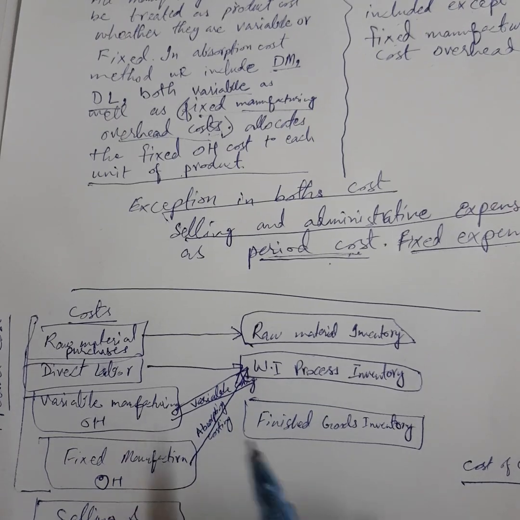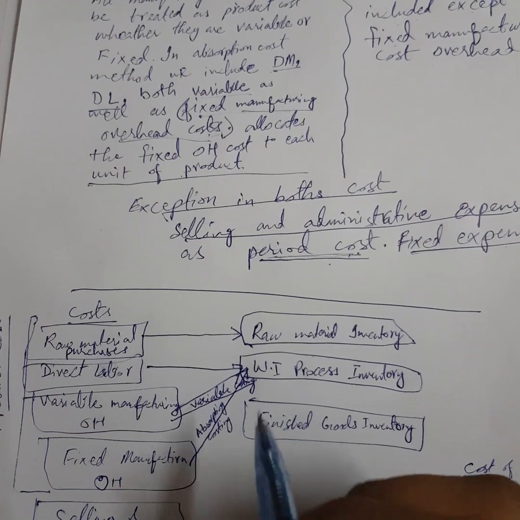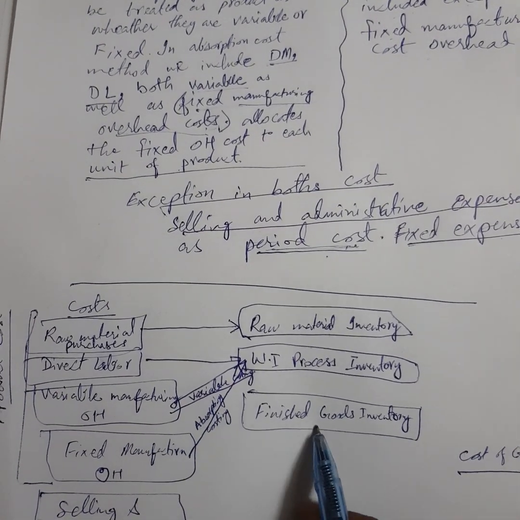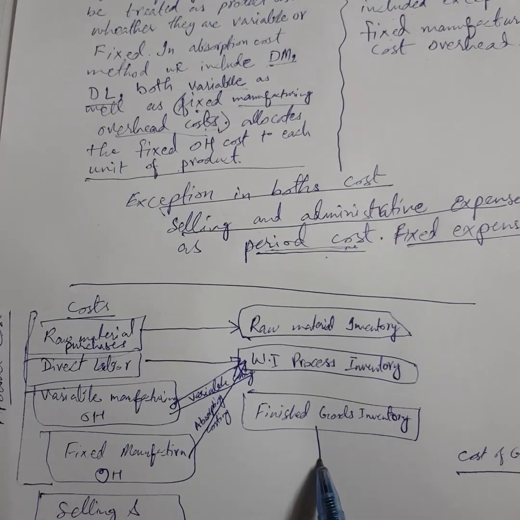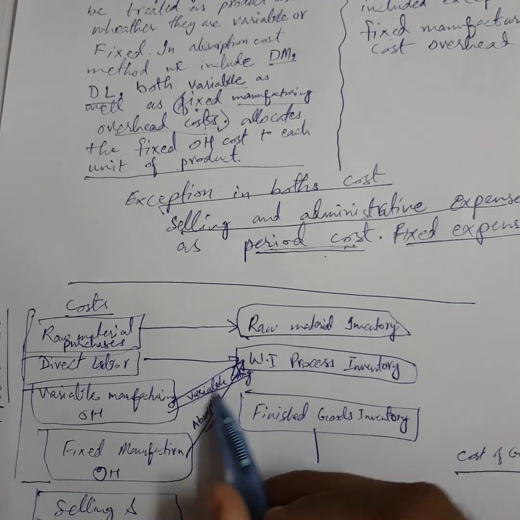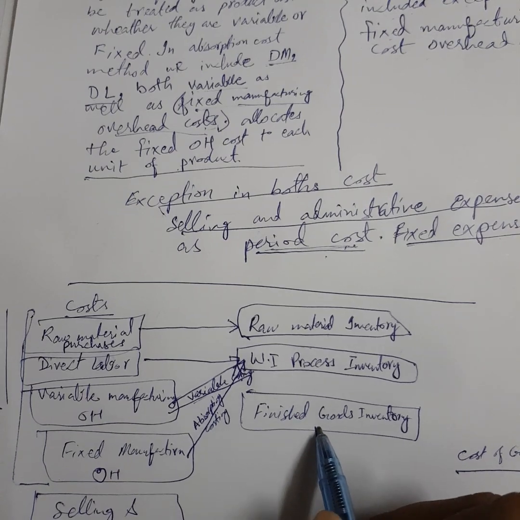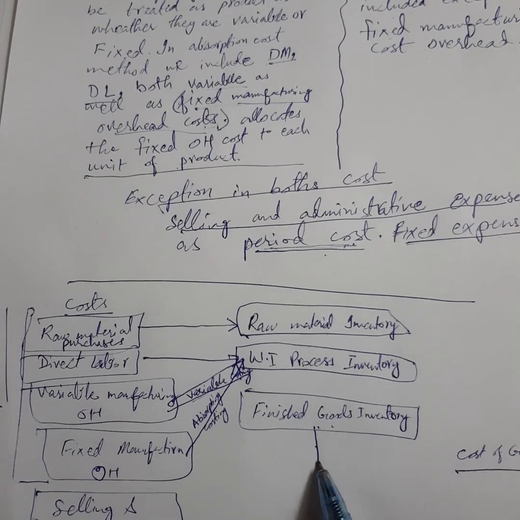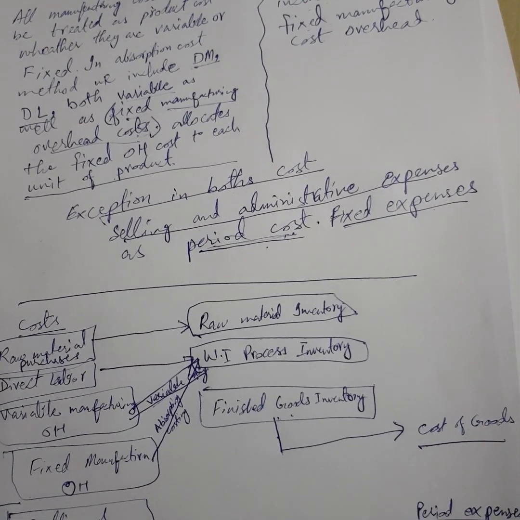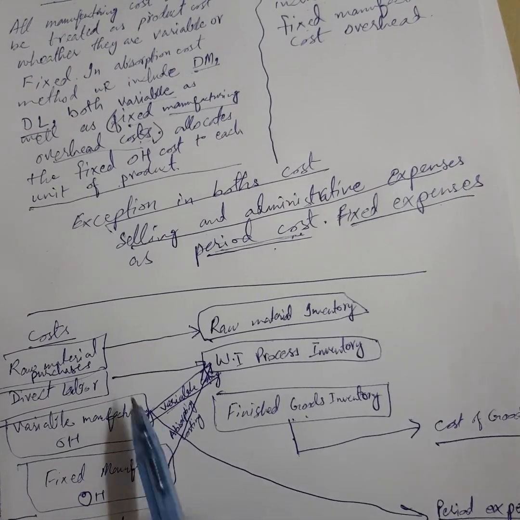So after getting all these things, our finished goods will be made in both methods. By using both methods, variable costing also leads to finished goods inventory, and absorption costing also leads to finished goods inventory. This will give cost of goods, and this also includes the period expenses.